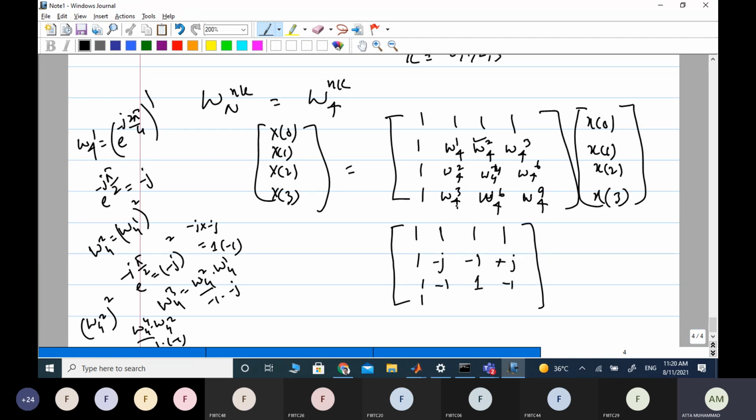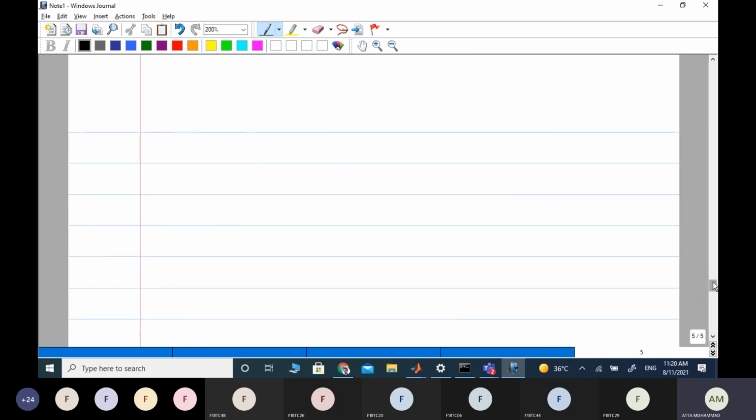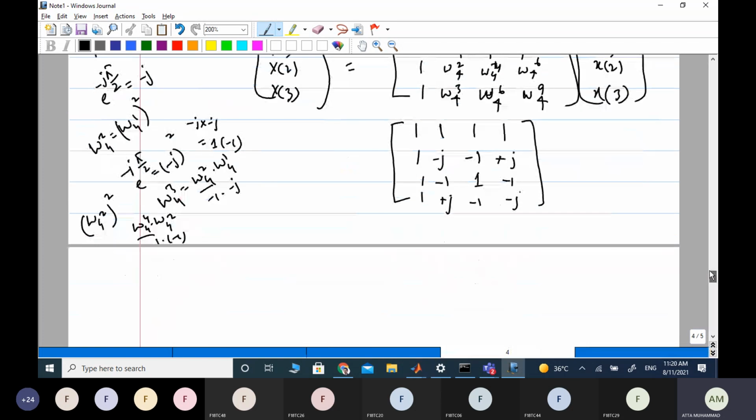And W4 power 3 we have already computed, it's plus j. And W4 power 6 we have computed, it is minus 1. And this has to be minus j. I have a feeling that this must be equal to minus j, but we have to make sure. Okay, so W4 power 9, can we write it as W4 power 4, W4 power 4, W4 power 1? So this is 1, this is 1, this is minus j, so we are right.